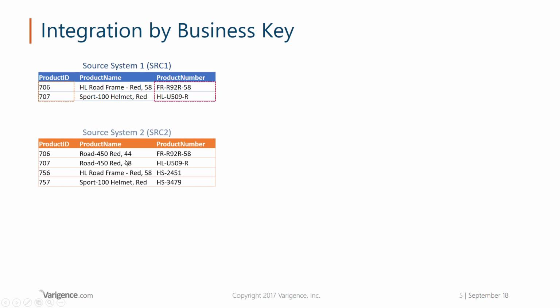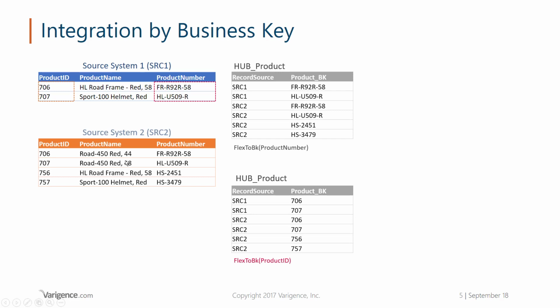This is saying to you that you've got two different source systems here. Let's bring them into a hub. In a hub, you'll have the record source and the business key. If I'm using the product number here as a business key, you will see there is going to be a duplication. Source 1 has 706 and source 2 has 706. Source 1 has 707 and source 2 has 707.